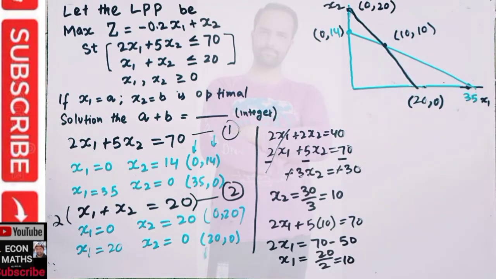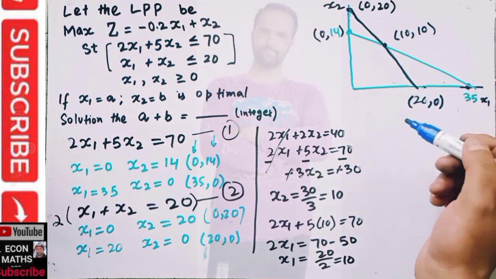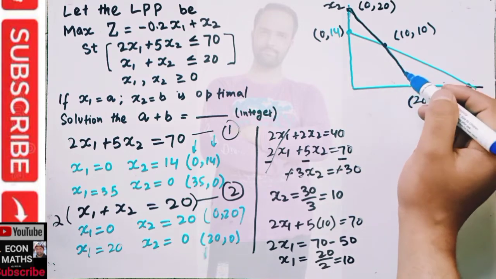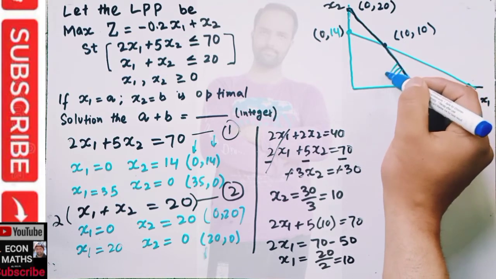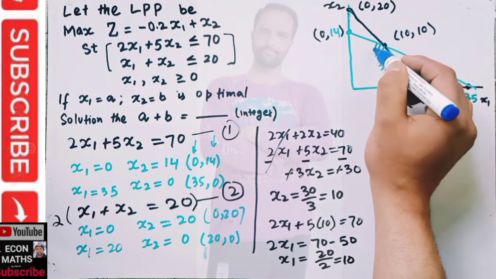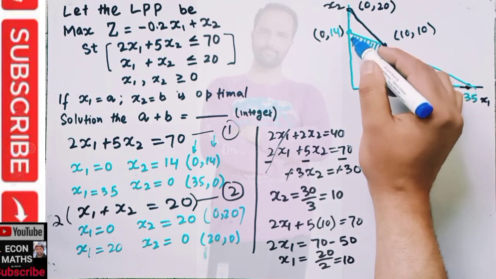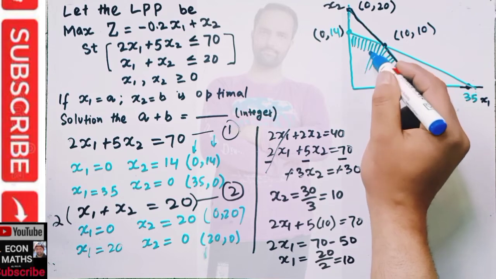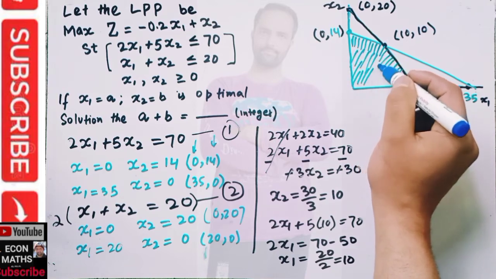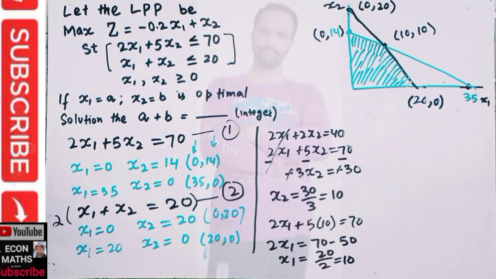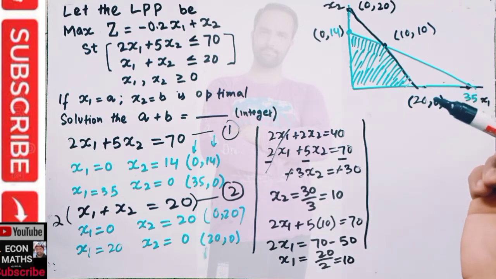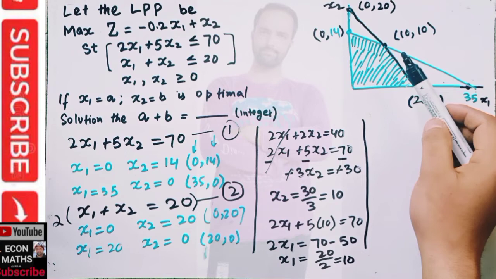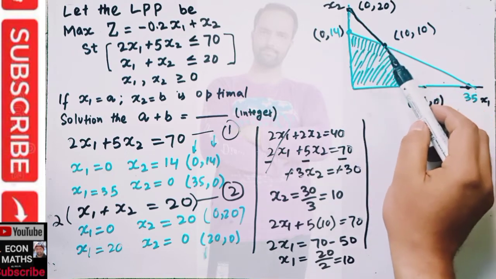Okay, and what is our feasible region? Feasible region is that very region which is bounded by these two lines, the common region of these two lines. In the feasible region we would have the optimal solution.